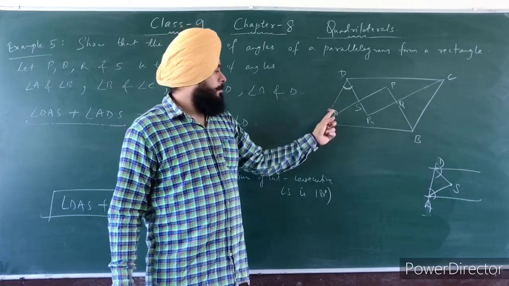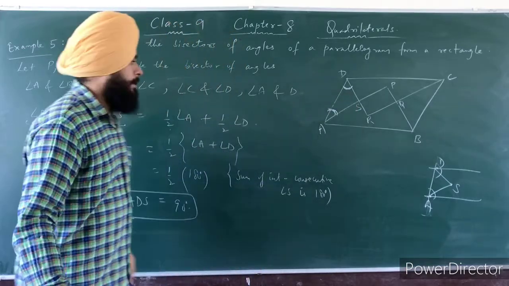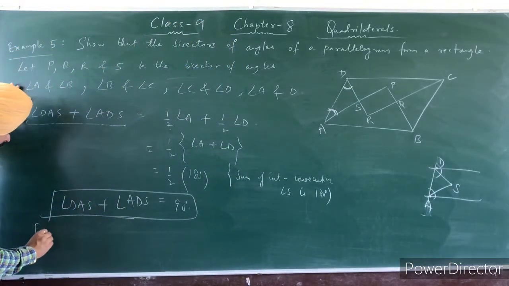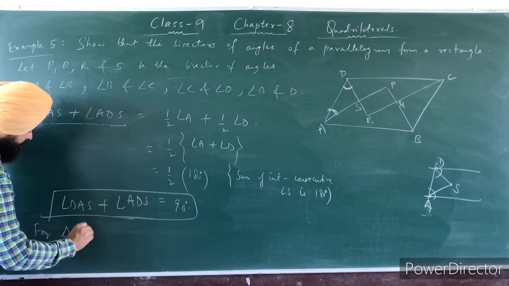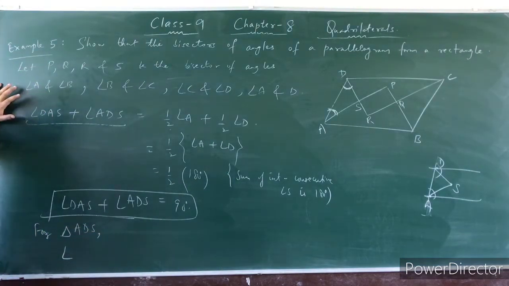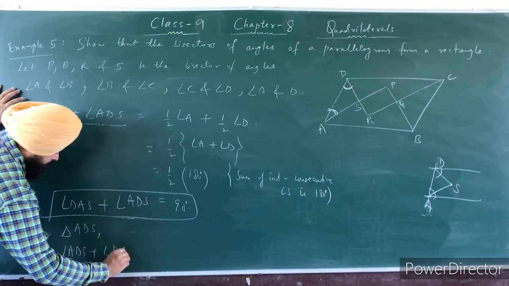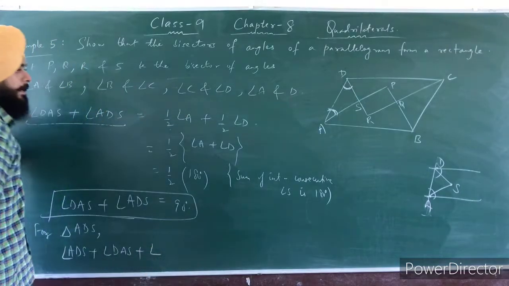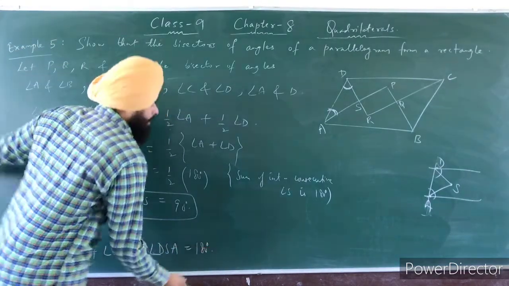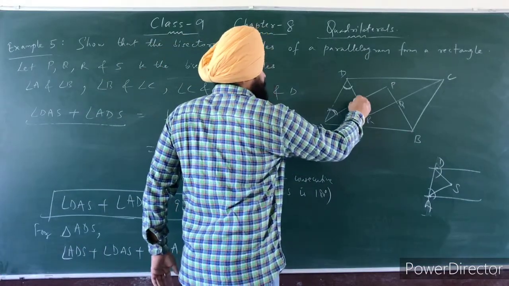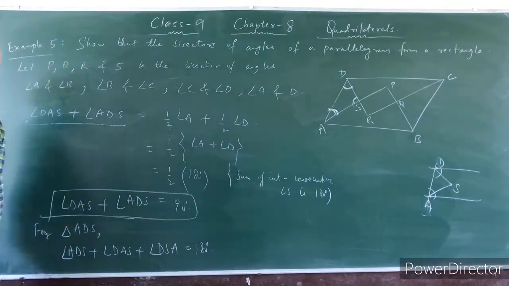For this triangle, the sum of all these angles is again 180 degree. So you can write here for triangle ADS, angle ADS plus angle DAS plus angle DSA is equal to 180 degree.